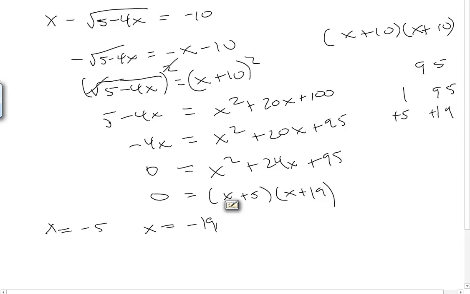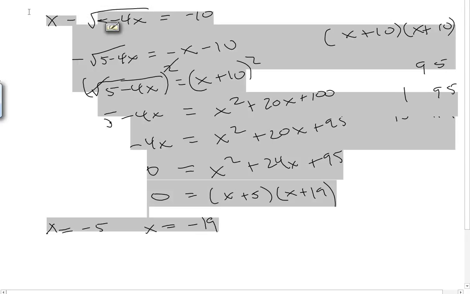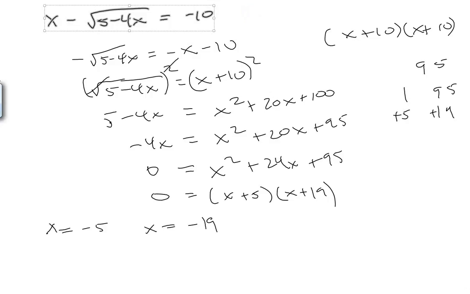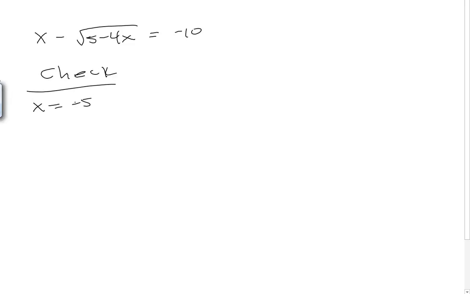Let me just take this over to a new page. If I want to check my two answers, I'll start with x equals negative 5. Negative 5 minus the square root of 5 minus 4 times negative 5.